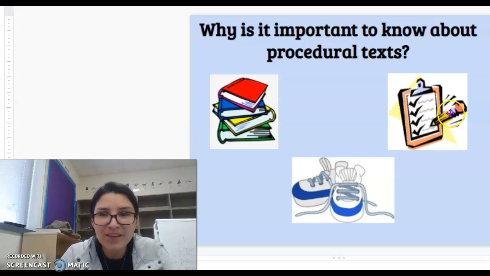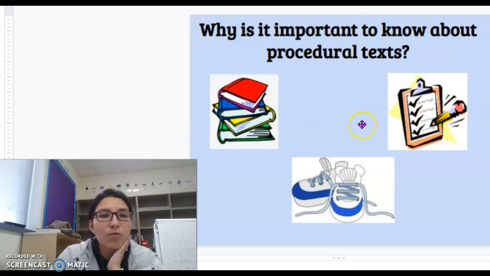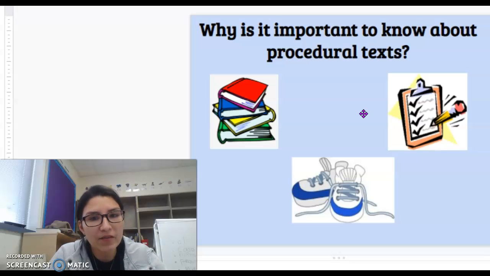So the next thing is, let's talk about why is it important to know about procedural text. I'm going to give you a moment to think about this. All right, it is important that we know about procedural text because you may see them in your everyday life.